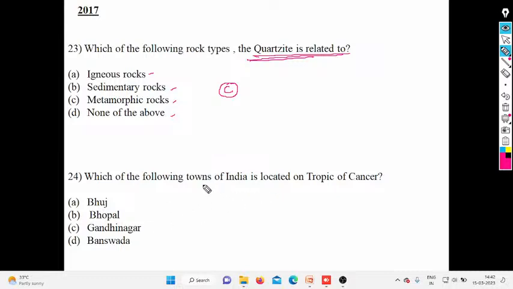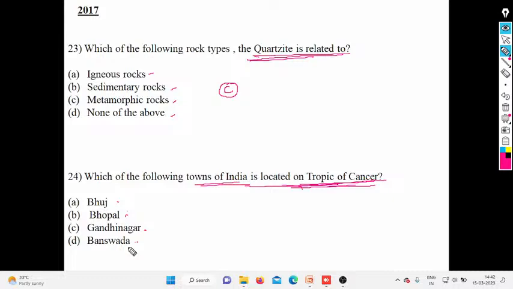Then, which of the following towns of India is located on the Tropic of Cancer? Bhuj, Bhopal, Gandhinagar, and Banswara.